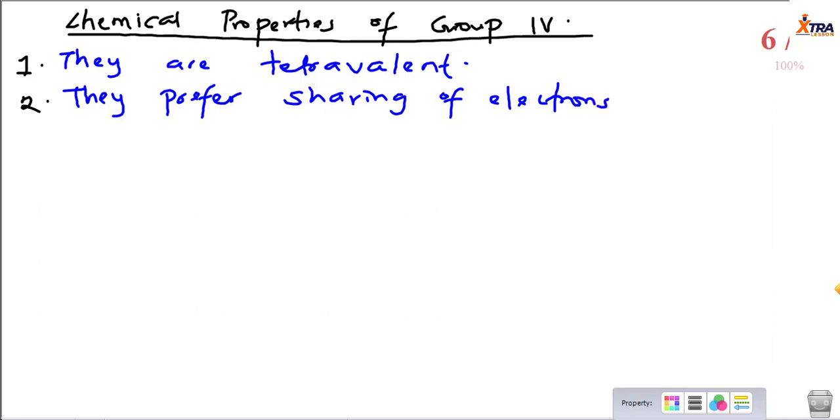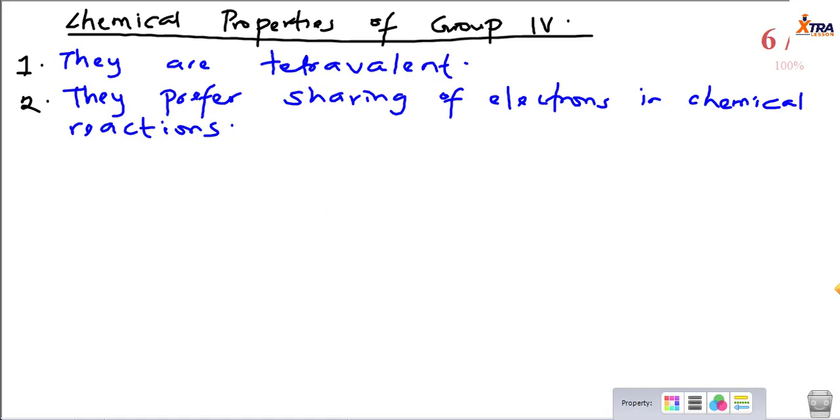That is covalent bonding, in chemical reactions. This is because group 4 elements have 4 valence electrons, and because they have 4 valence electrons, they can't lose their 4. At the same time, no element is willing to give them 4. So what do they do? They go to another element with 4 or with 2.